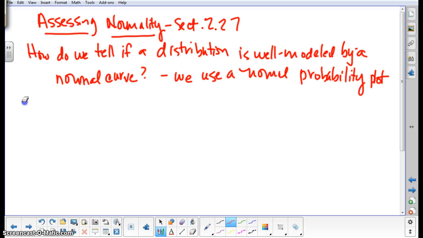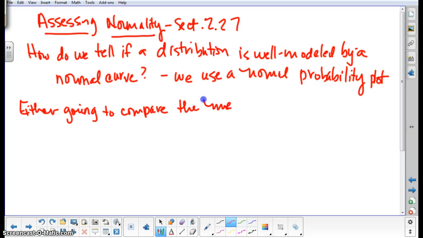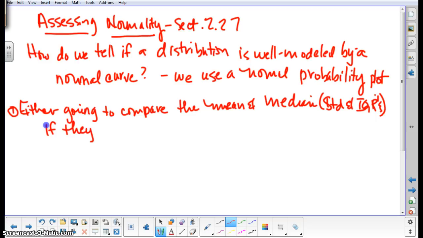We're going to compare the mean and median, and therefore the standard deviation and IQR, and if both of those things are kind of the same, that's good.